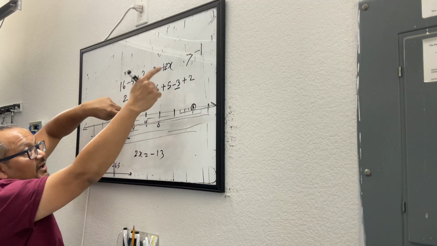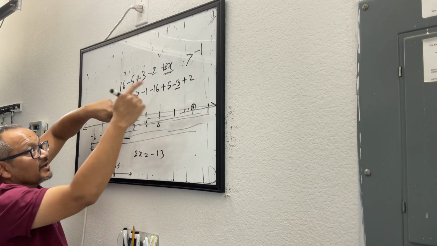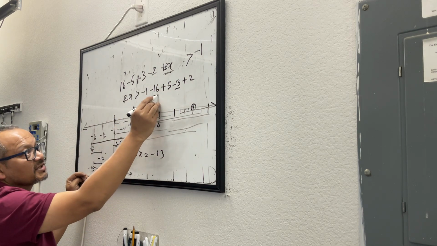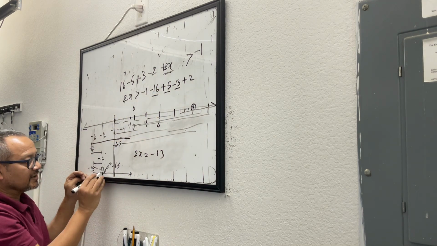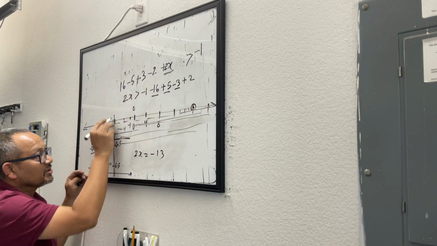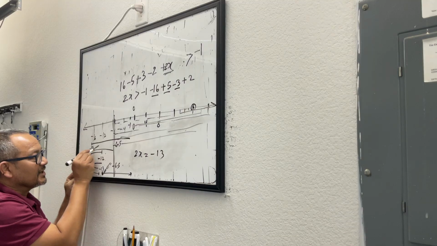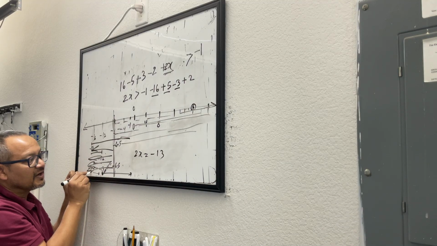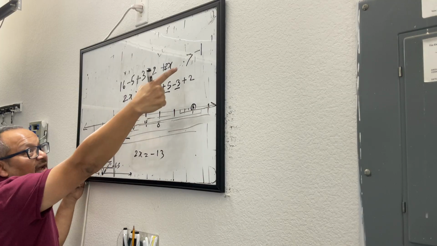That okay, fine, 2x is landing where? If I put all the numbers starting from minus 1, minus 16, plus 5, where do I land? I landed at minus 13. So 2x is greater than minus 13. So everything here, all these things are less than minus 13. Any x value here will deny this condition.